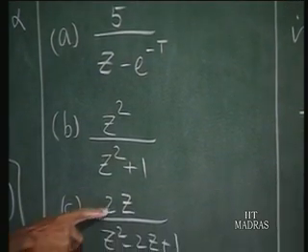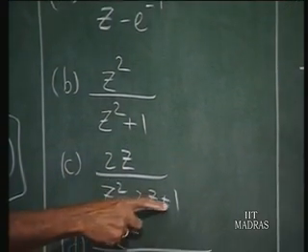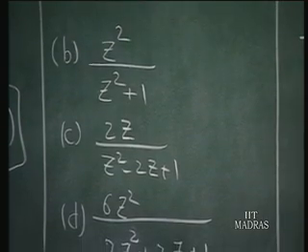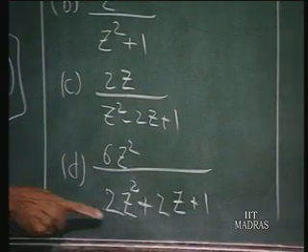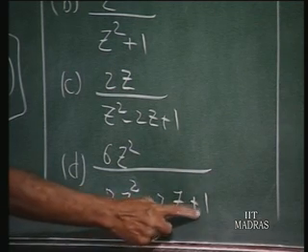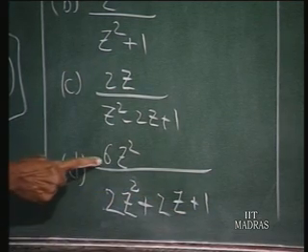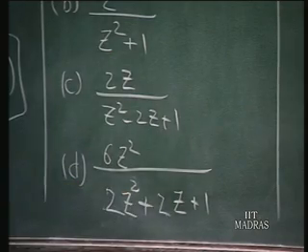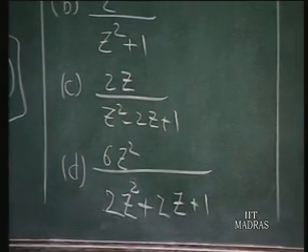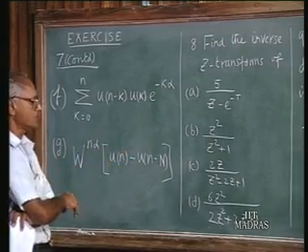C, 2Z upon Z squared minus 2Z plus 1. D, 6Z squared upon 2Z squared plus 2Z plus 1. I will read this again. 6Z squared divided by 2Z squared plus 2Z plus 1. So you have to find out the inverse Z transforms of these four functions.